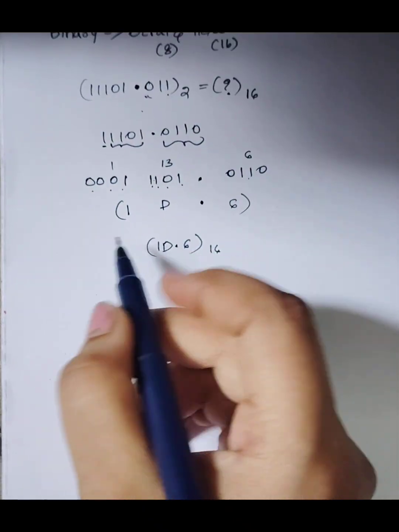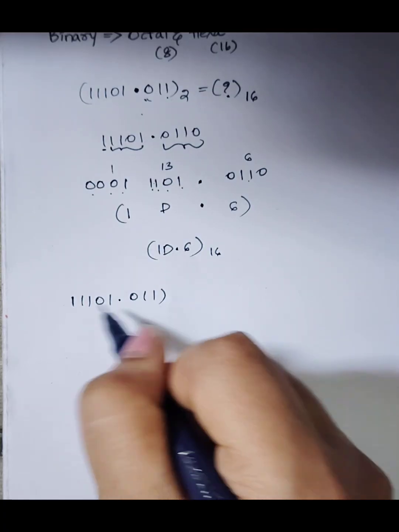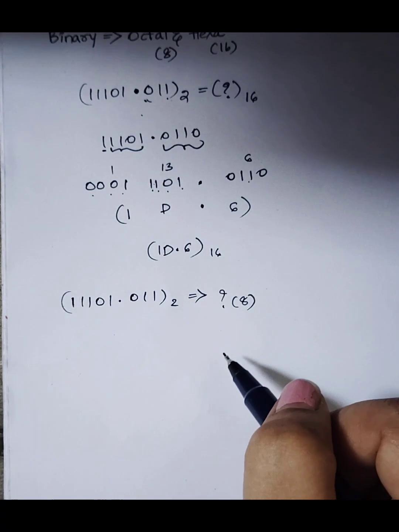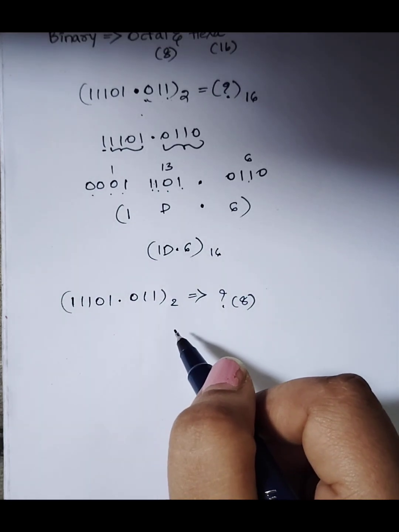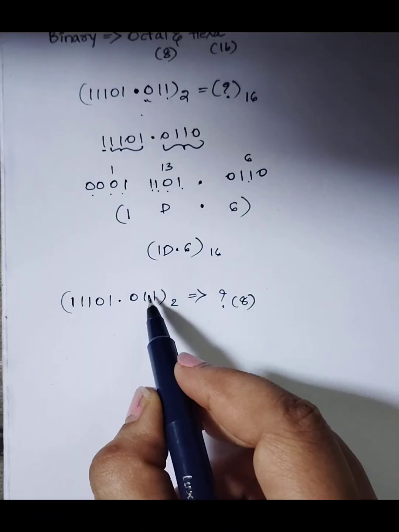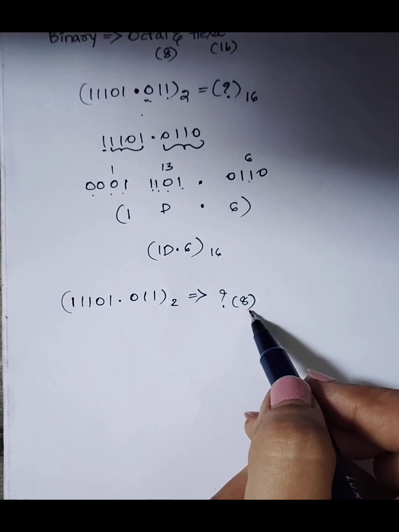So now we will see how to convert the same binary number to octal. Its radix is 8. So before we took a group of 4 numbers, now we need to take a group of 3 numbers, because its radix is 8.